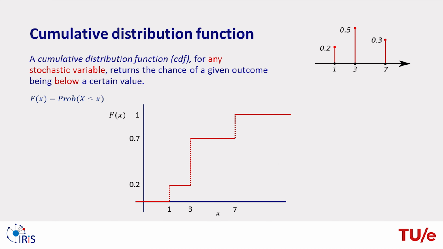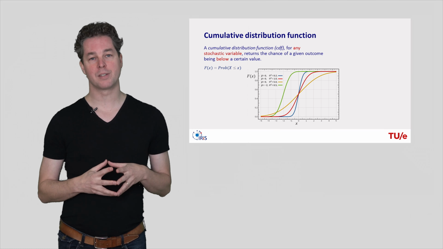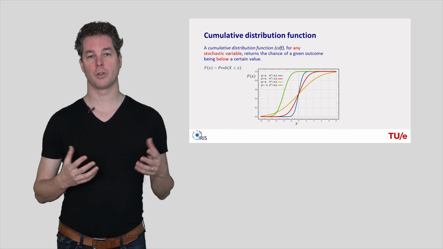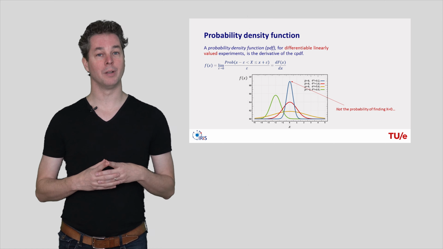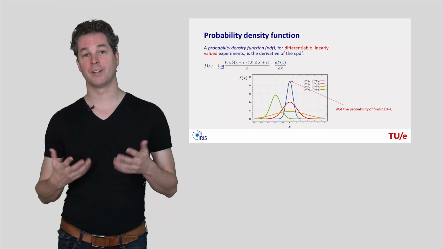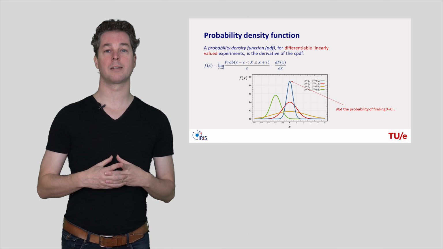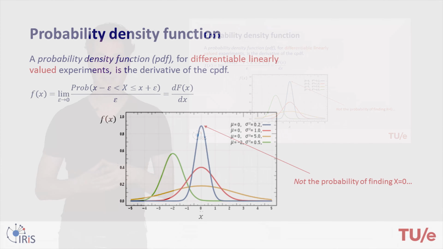If x is discrete, we can still use the cumulative distribution function, but it will get this staircase pattern with jumps at places where the probability is not 0. If x is continuous and differentiable, then it makes sense to actually take the derivative and we get a so-called probability density function.